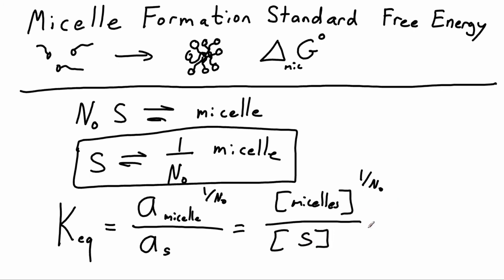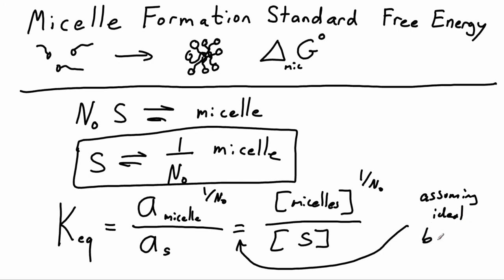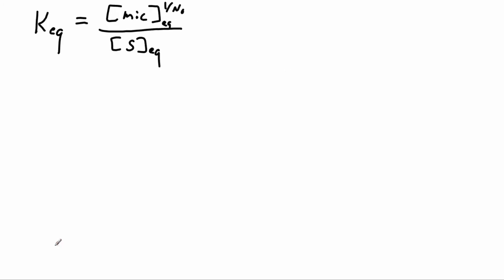And that is a little arrow here, assuming ideal behavior. If we don't want to assume ideal behavior, we can use activity coefficients, but for now we're just going to assume ideal behavior. We had better put little subscripts here to indicate this equation is only true at equilibrium. So this quantity on the right is only equal to K equilibrium when we've reached equilibrium. Okay, so we'll rewrite that on the next page.